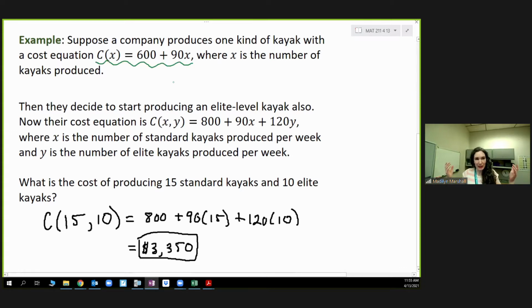But most companies are not going to produce one thing that's exactly the same. So this company decided to start producing another kayak, and so we have added one more variable. So we have x and y. If they decided to start producing another kayak, then we could add another variable, a z. And so we can have as many variables as we need for whatever situation it is.